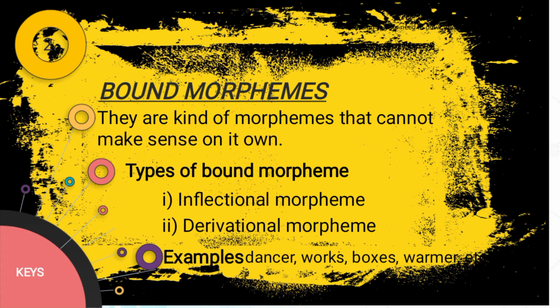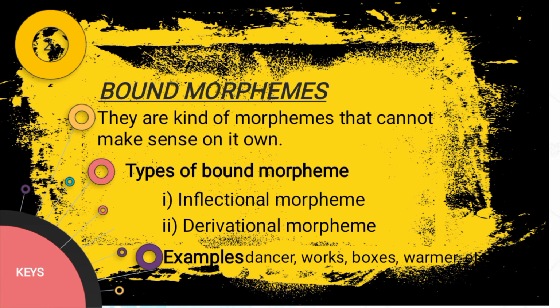So when we take the inflectional morpheme, an inflectional morpheme is attached to words to make the sentence conform to the rules of grammar. It involves the process which produces forms of the same word. When we take the derivational morphemes, the derivational morpheme is the morphological process of forming a new word from an existing one by the addition of a bound morpheme.